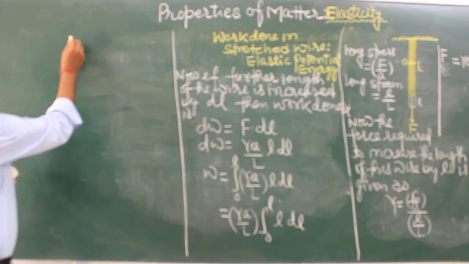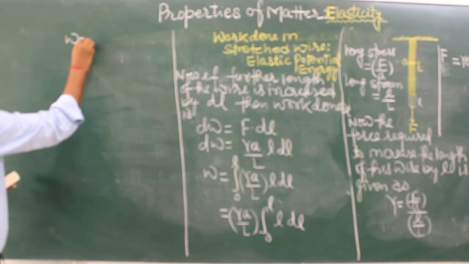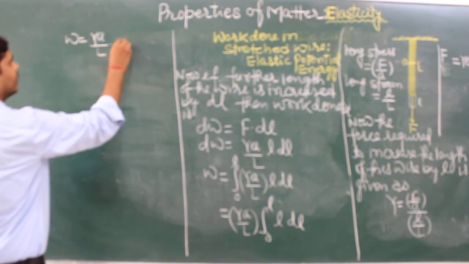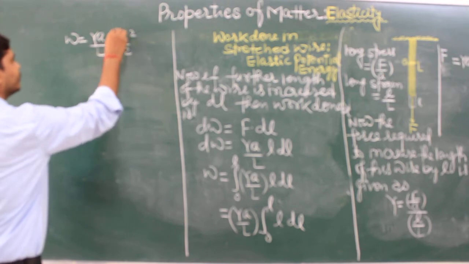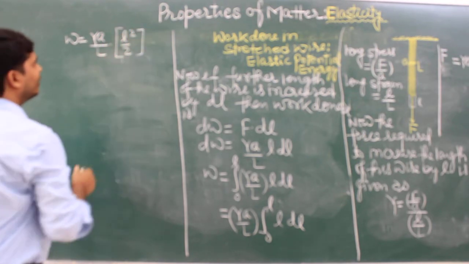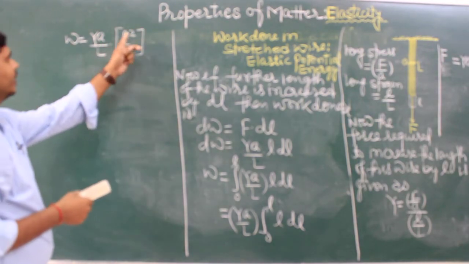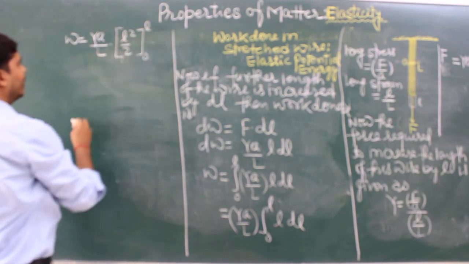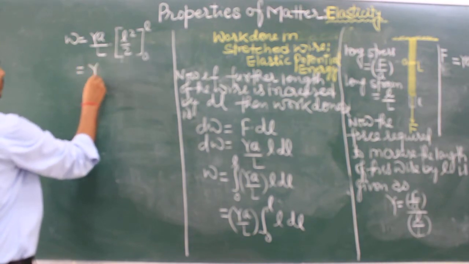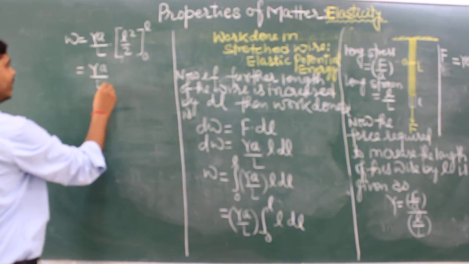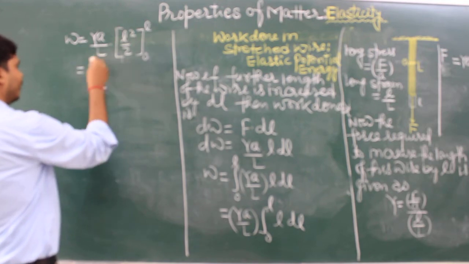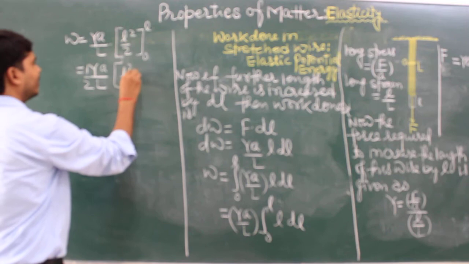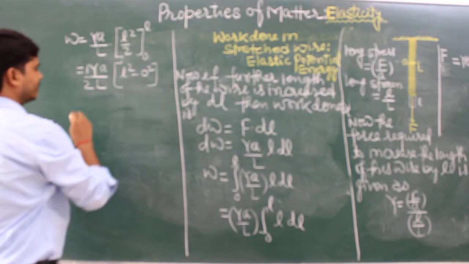Now W equals YA over L times l square by 2. The integration of l dl equals l square by 2. The limit is 0 to l. Now YA over L and half is taken out, and this one is l square minus 0 square.